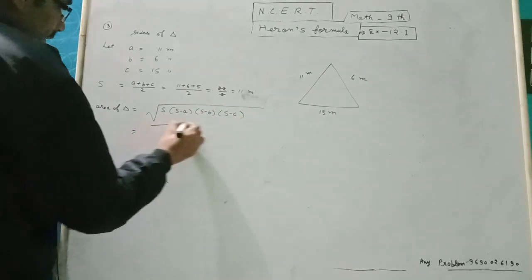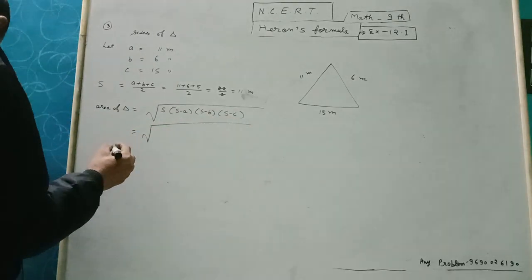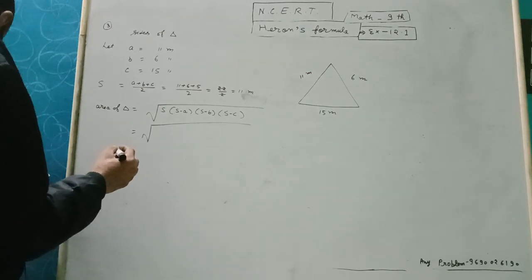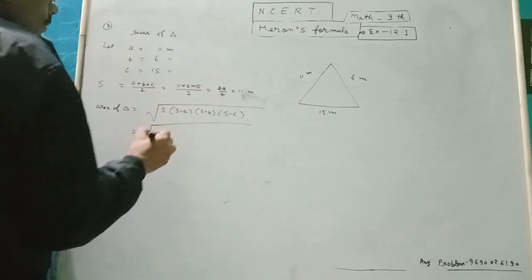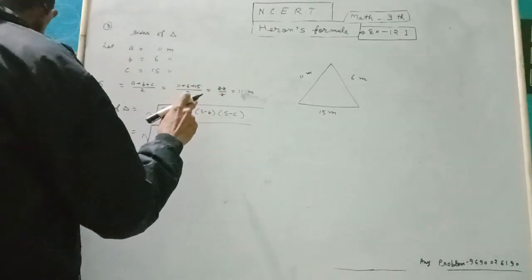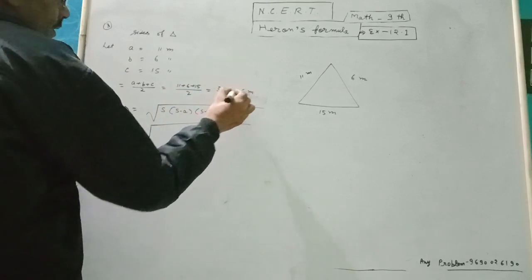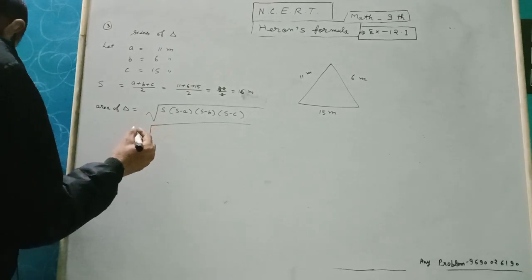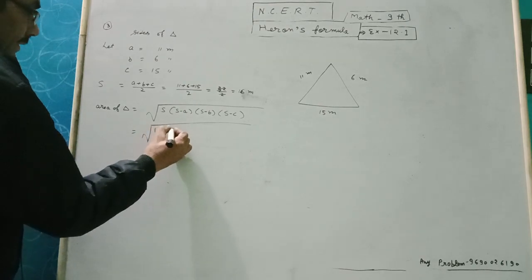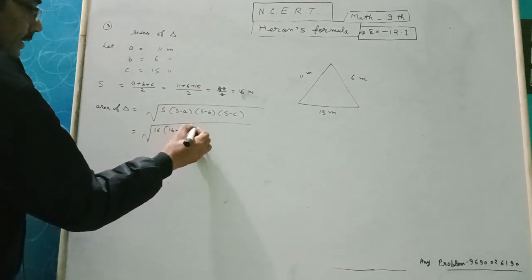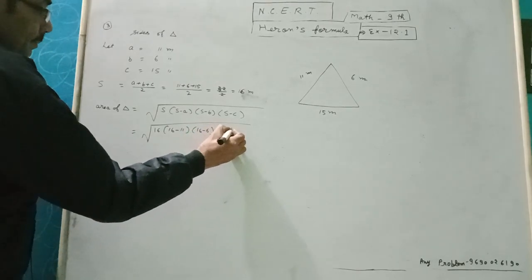Putting the values of S and A and B and C, S value is 16. 16 minus 11, 16 minus 6, then 16 minus 15.